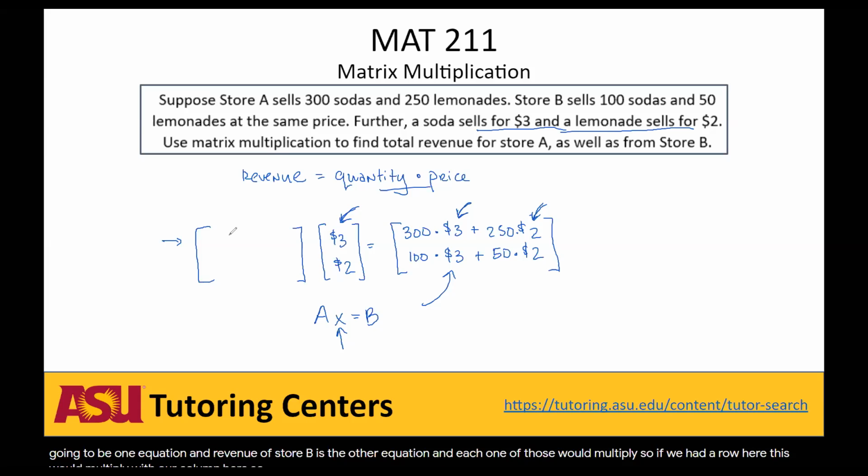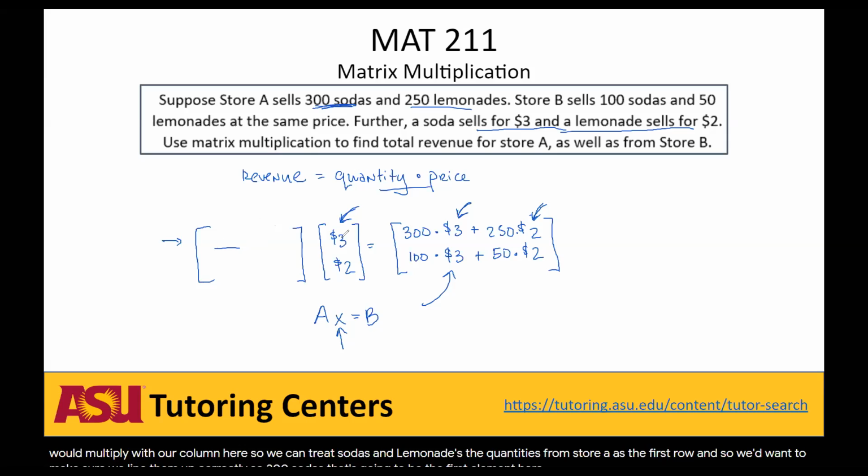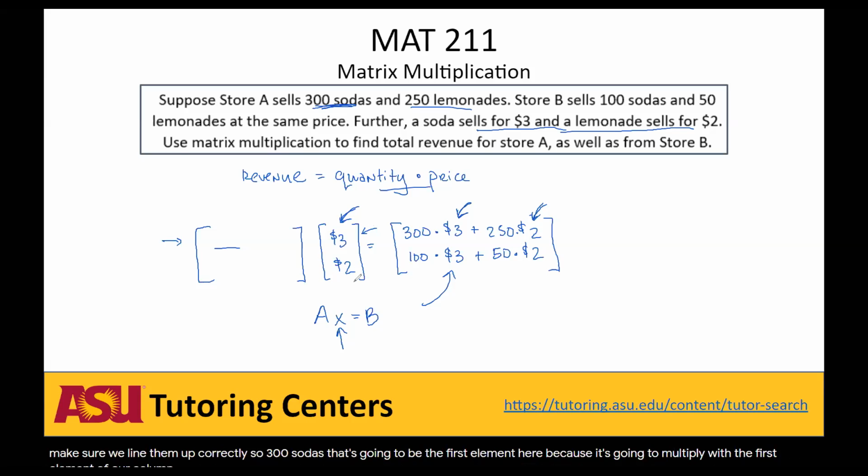So we can treat the quantities of sodas and lemonades from store A as the first row. We'd want to make sure we line them up correctly. So 300 sodas is going to be the first element, because it's going to multiply with the first element of our column, our X.